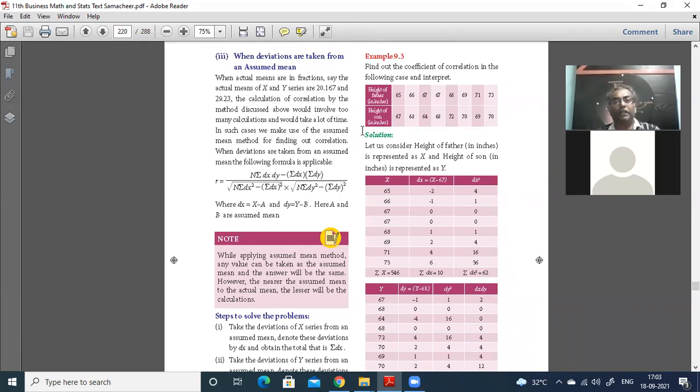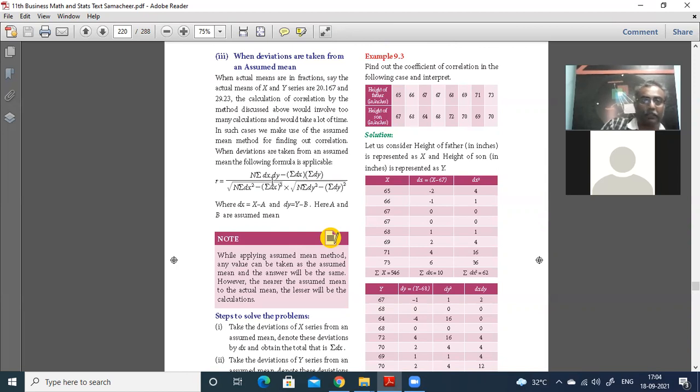When deviations are taken from an assumed mean, that method we have to do. First method we did was the straightforward method: sigma xy divided by root of sigma x squared into root of sigma y squared, where x is equal to xi minus x bar and y is equal to yi minus y bar.